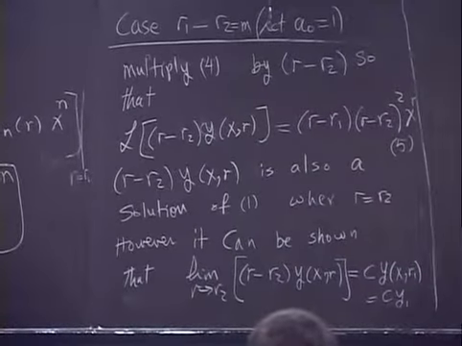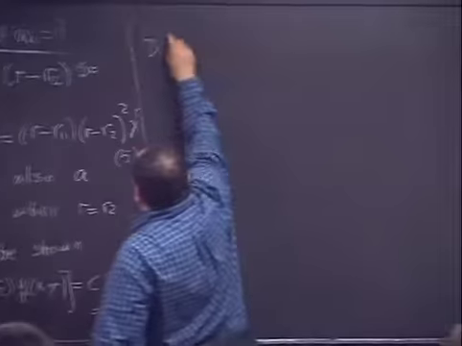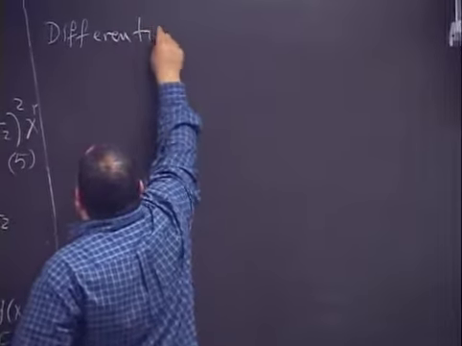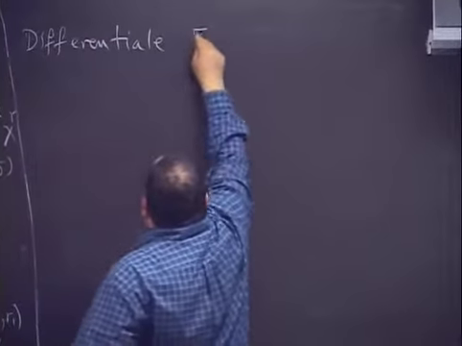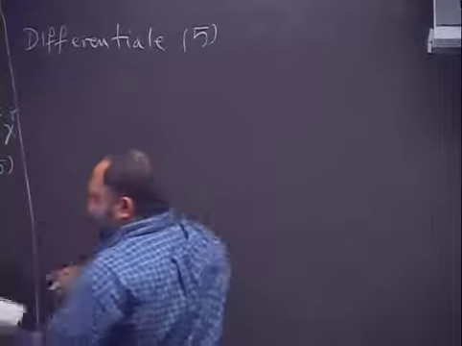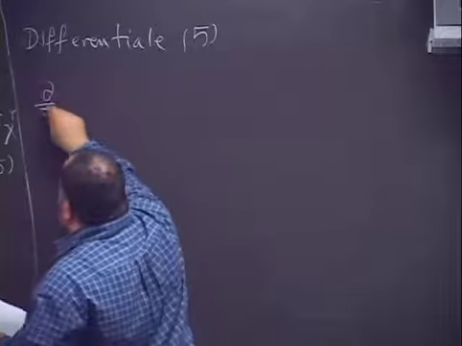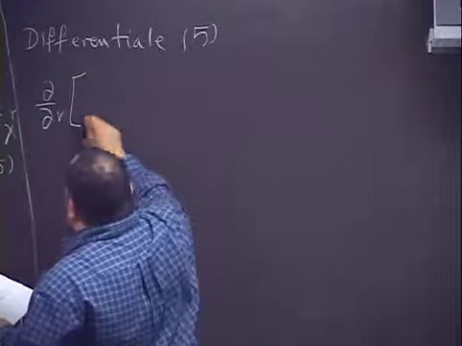So we will again differentiate equation number 5 here. This is equation number 5. So this will give us d by dr with respect to r, of course.